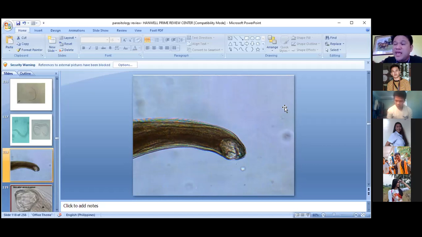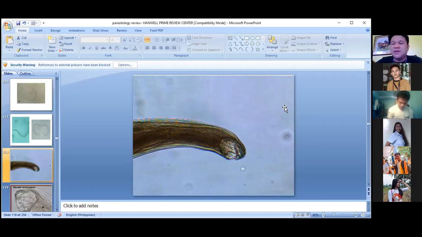So every day you take water samples, view them under the microscope, and report the time that you have seen purposeless motion of your larva.